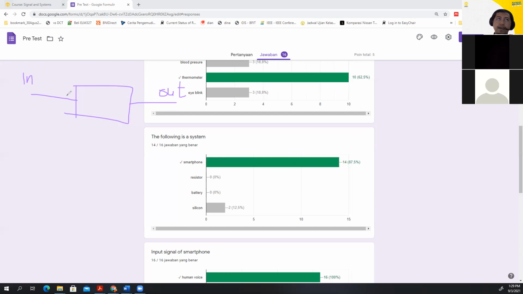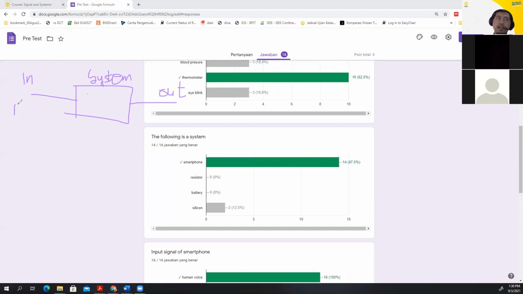This is the output, and there is a block. We can say a black box is a processing block, like processing the signal. This black box we can call a system. The system has an input and an output.